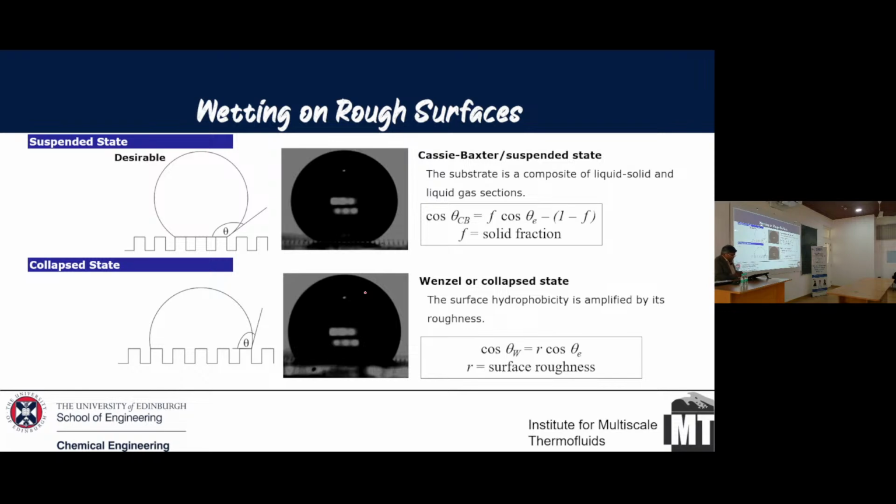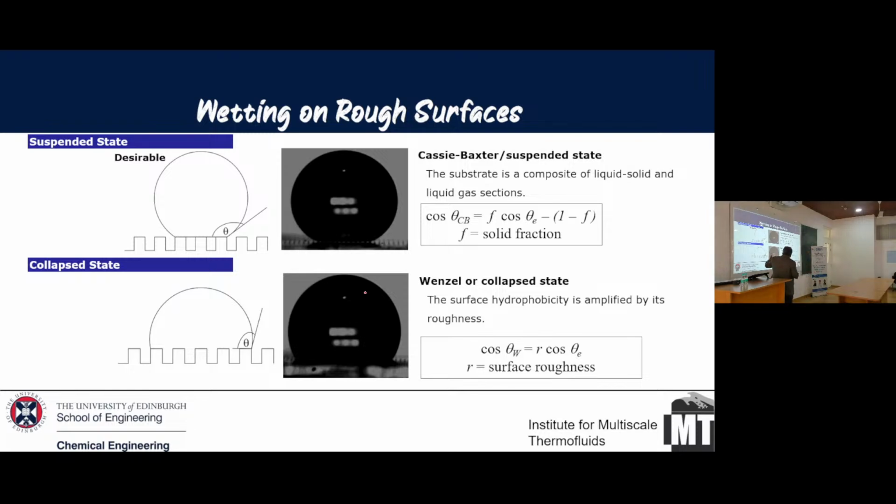As I mentioned, there's no such thing as a single equilibrium contact angle here. It's quite a complex thing, so we put some estimates in this way. For a Cassie-Baxter system, it completely depends upon the solid fraction, and this is the way one can estimate the so-called contact angle when it is sitting in a Cassie-Baxter state.